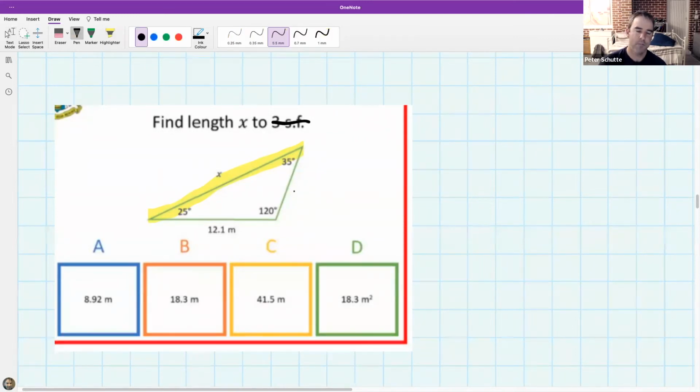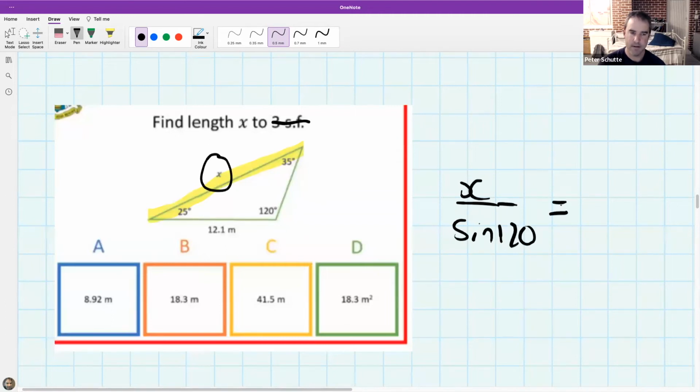Let's have a look. We want this x, so it's x over the sine of 120. Now we have to use the 12.1 because we don't have this side over here. So we are going to go 12.1 divided by the sine of 35. Make sure I've got that right. Yes.